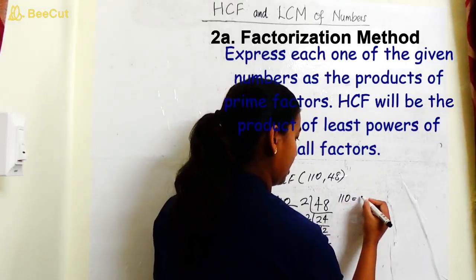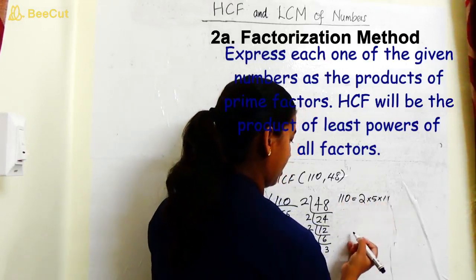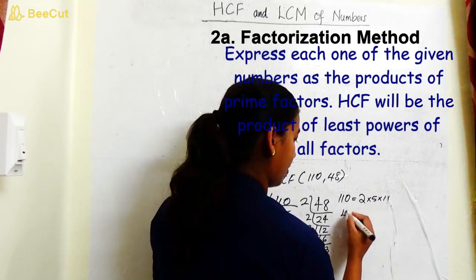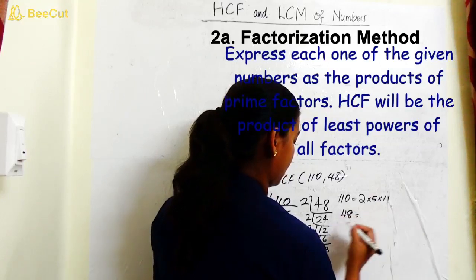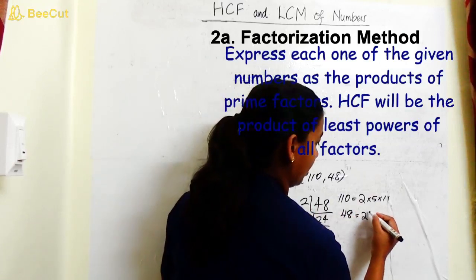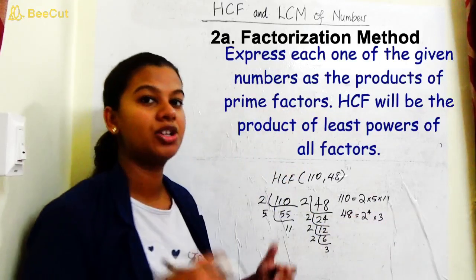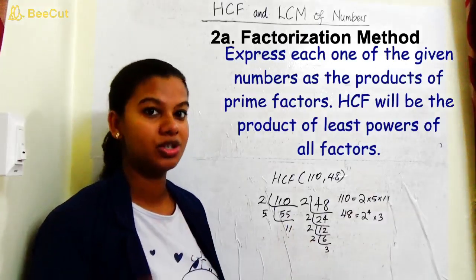110 can be written as 2 into 5 into 11. Okay. 48 can be written as 2 four times, right? 2 raised to 4 into 3. Or I can write 2 into 2 into 2 into 2 into 3.